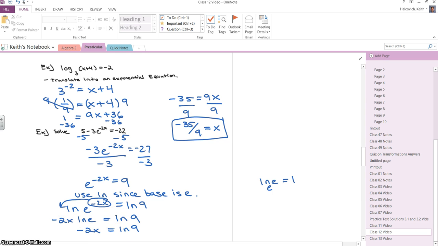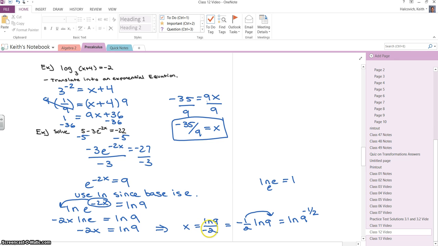which means that x is equal to the ln of 9 over negative 2, which is the same as saying negative 1/2 ln 9. And remember, we can condense it by rolling this to the front, which means it's the same as ln of 9 to the negative 1/2.